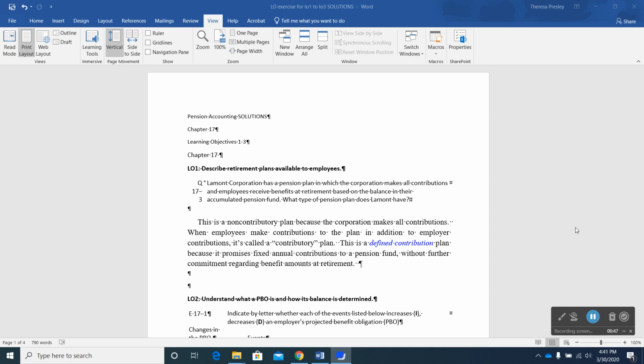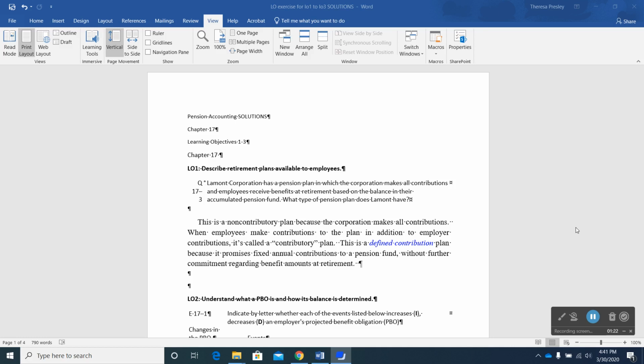So when you read this, you can tell that it is a defined contribution and not a defined benefit plan, because the employee's benefits are based on a balance in an account versus a particular formula which determines what they're going to be receiving.